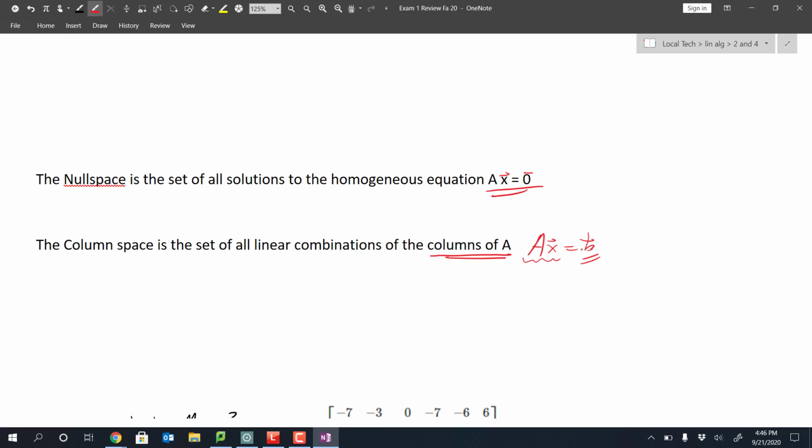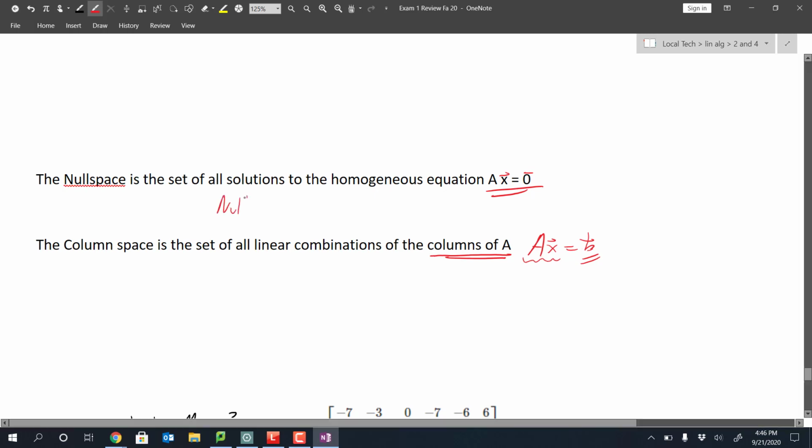So in some sense, the column space is the set of all b's that I can generate, and the null space is the set of all x's that map to 0, which means that the null space is going to be a subspace of the domain, and the column space of A is going to be a subspace of the codomain. In fact, by definition, the column space of A is equal to the range of A. It's just another name for the range.